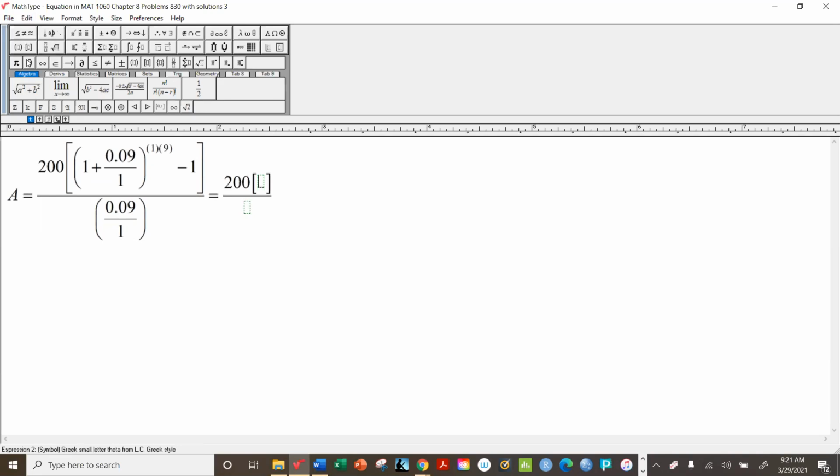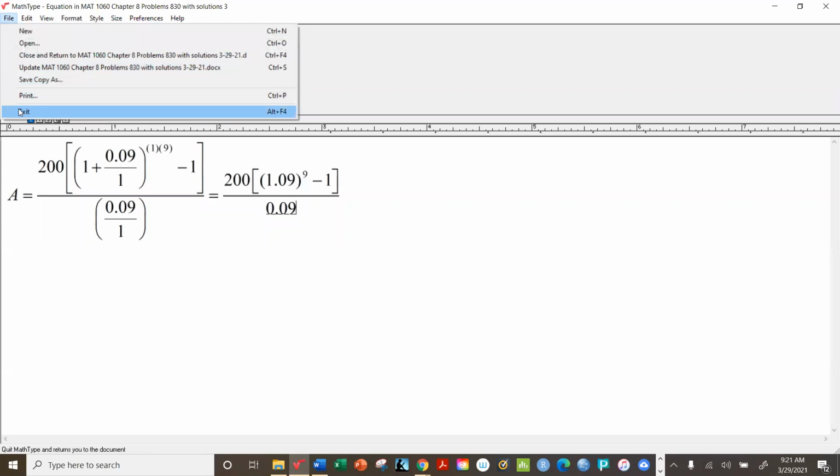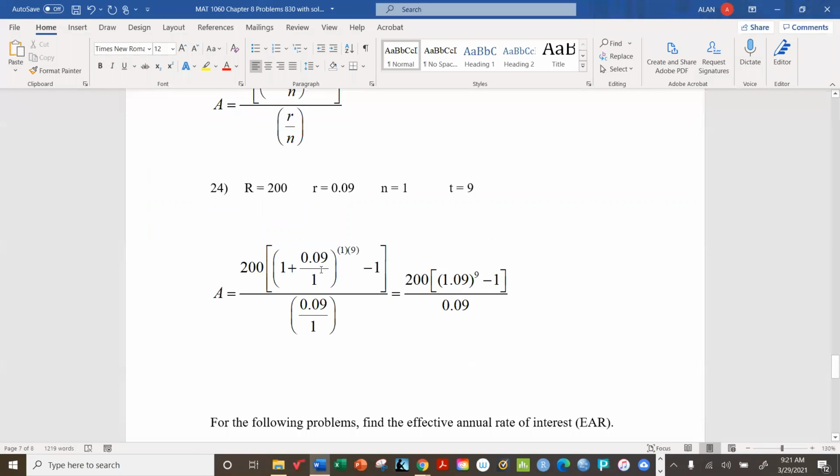Not that it matters. They both mean the same thing mathematically, but we could reduce this to 1.09 to the 9th power minus 1. In the denominator, of course, we have 0.09. Okay, so from here to here, that's where all the simplification should be, make things a lot simpler for us.